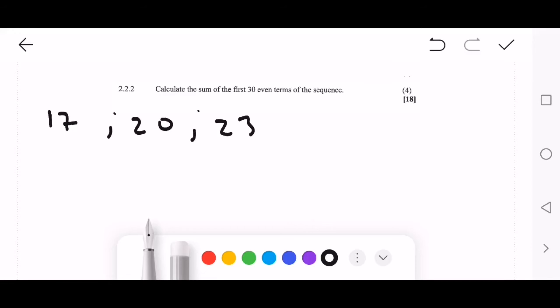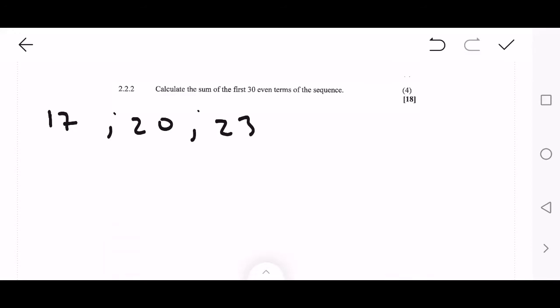add more terms onto this sequence here. So all we need to do is add 3. So 23 plus 3, that will be 26, and 26 plus 3, that would be 29, and 29 plus 3, that's going to be 32.